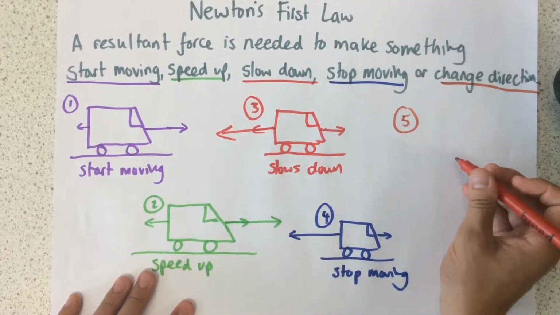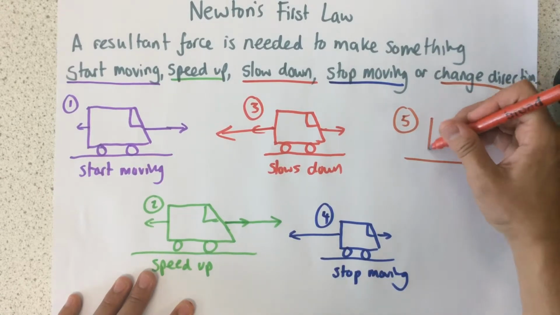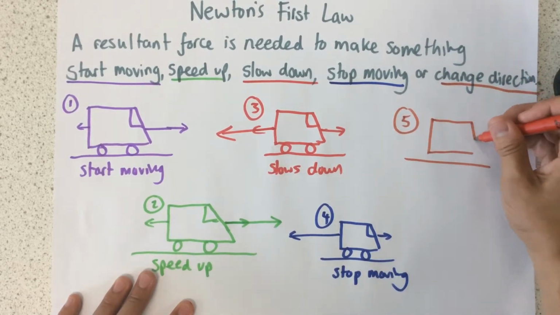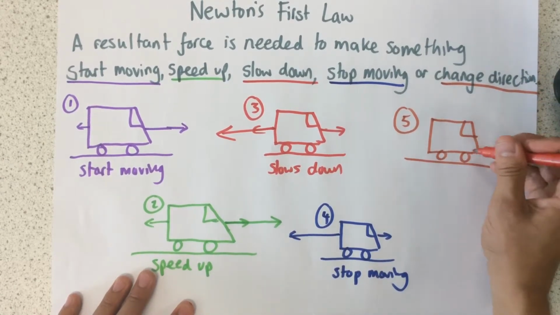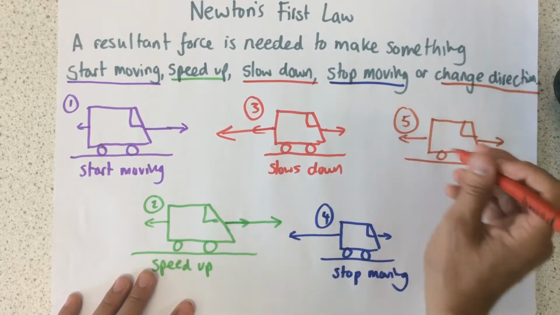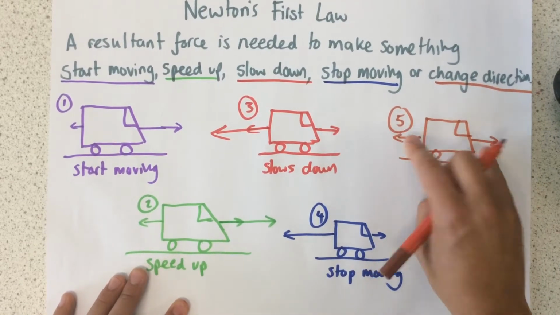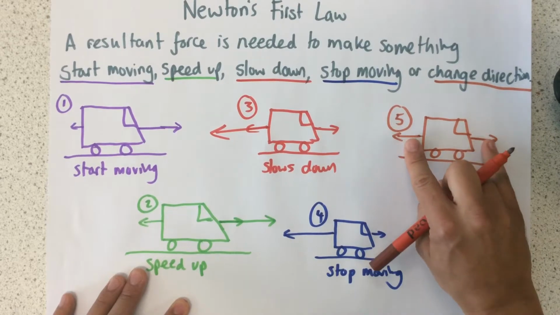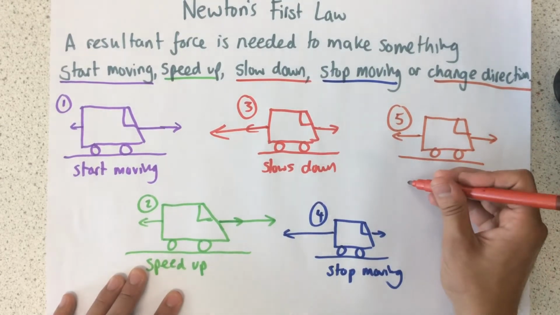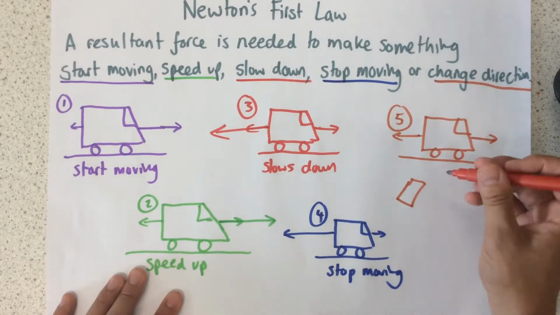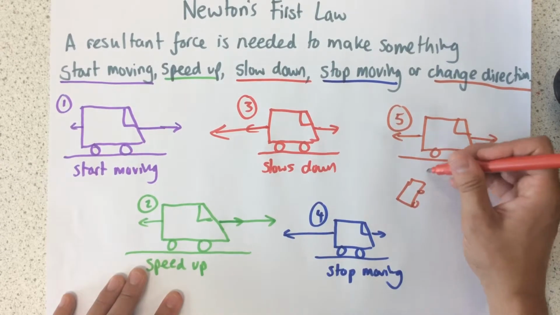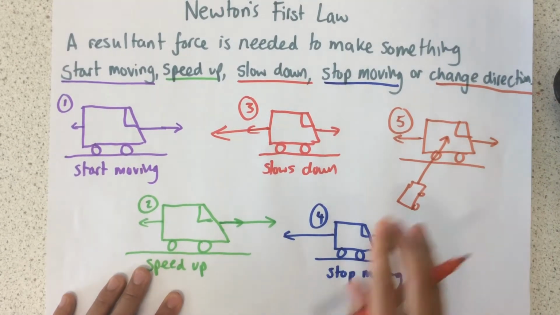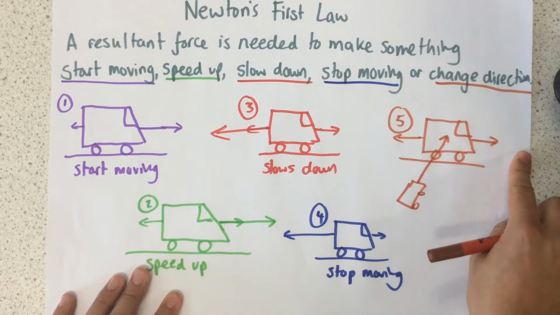Now the final one to look at is change direction. Let's imagine again that this van is driving along the road at a constant speed. I can tell because these arrows are the same size. So at the moment there's no resultant force. Then all of a sudden, another vehicle comes crashing into the side of this van. Let's say it's going to cross a red light.